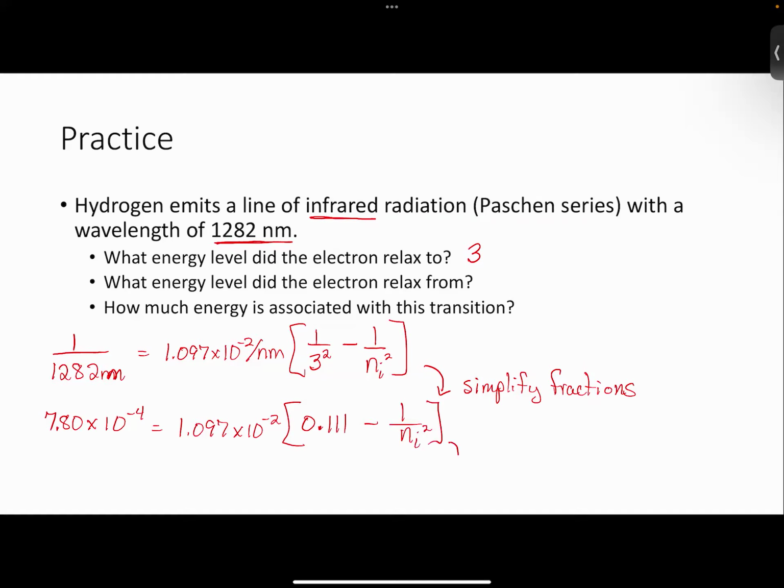The second thing I do is divide by the 1.097 times 10 to the minus 2 on both sides.